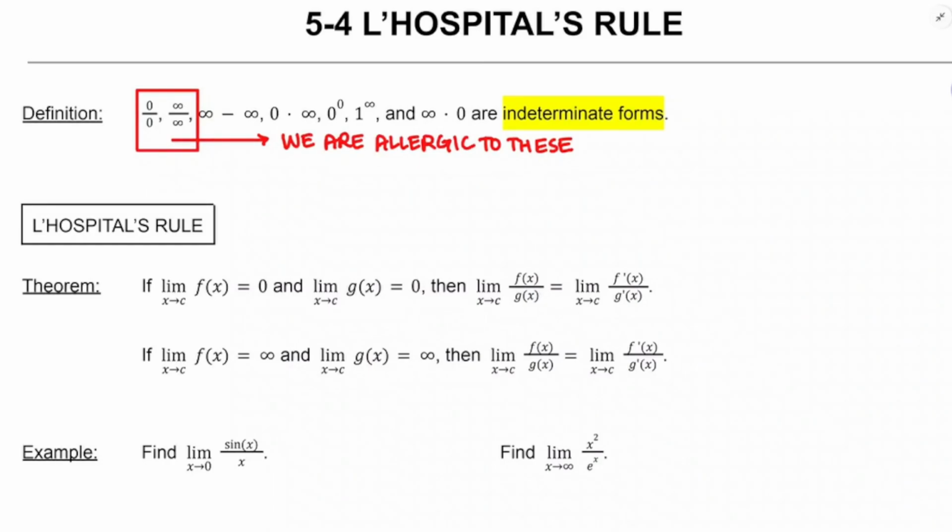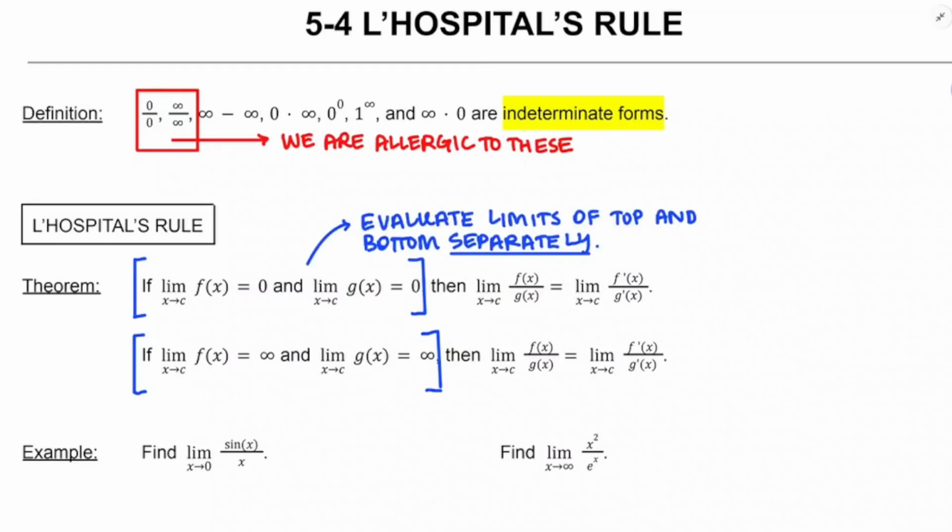But kind of the conditions of the theorem are the hint to how we're going to need to justify our answer. So I'm seeing the if statement. If these limits are both 0, or if these limits are both infinity. And this does mean that we're going to need to evaluate the limits of the numerator and denominator of these fractions separately.